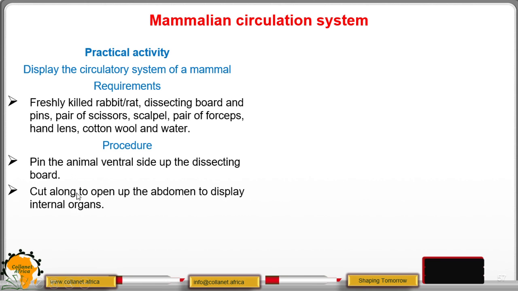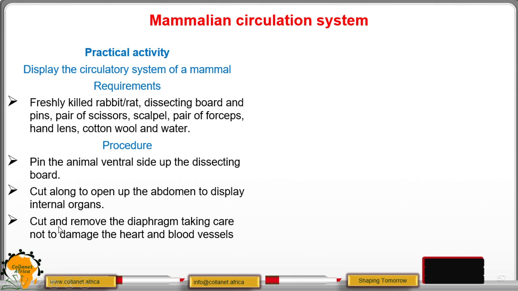And then the animal is cut along to open up the abdominal cavity and display the internal organs. Then cut and remove the diaphragm, taking care not to damage the heart and the blood vessels. You have to identify organs like the heart, liver, spleen, lungs, and the kidneys.